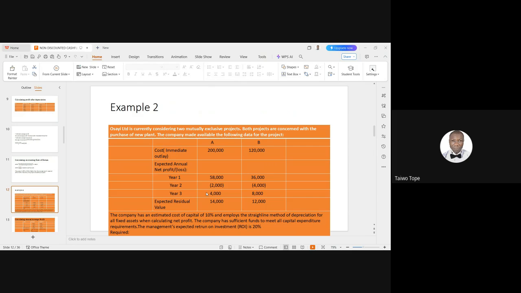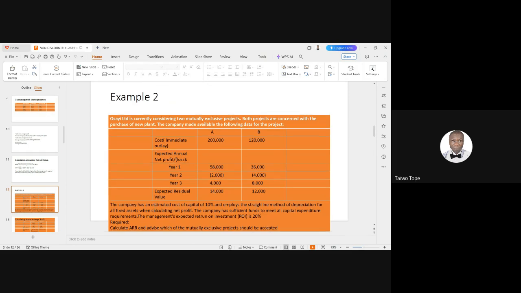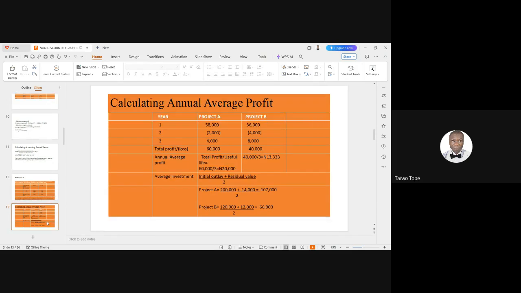The management expected return on investment is 20%. We are required to do what? We are required to calculate the accounting rate of return and advise which of the mutually exclusive projects should be accepted.